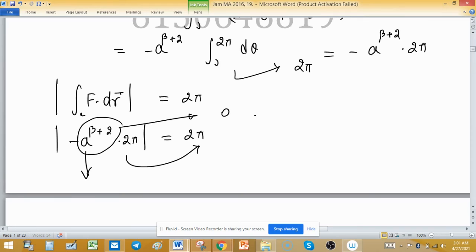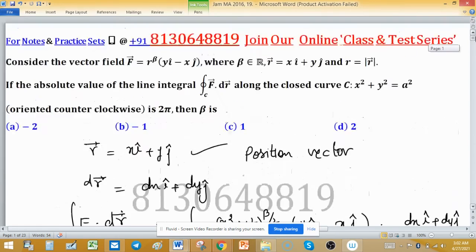So the exponent will become 0 when beta is minus 2. If beta is minus 2, a raised to the power 0 will become 1, and the absolute value, because this is either negative or positive, will become 2 pi. So the value of beta is minus 2, which we obtained from this last stage. So option A is correct.